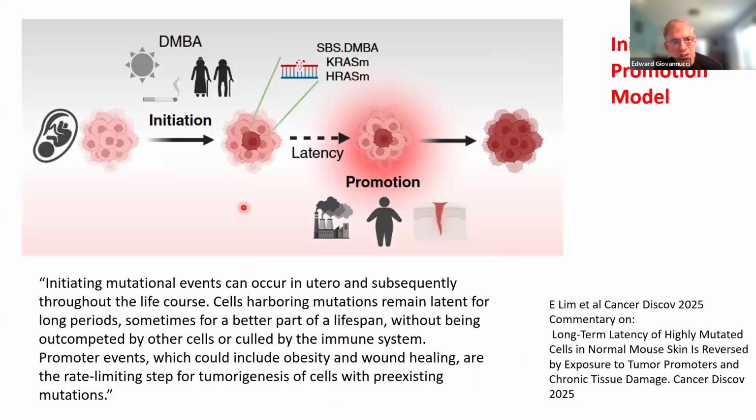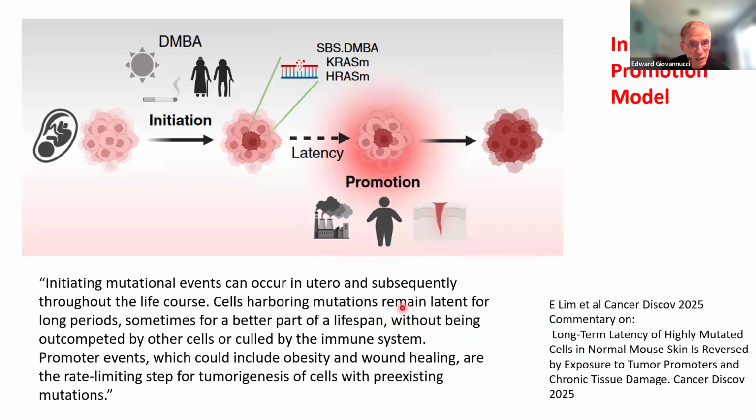Now, this slide is just a summary. This was actually a paper that just came out, which was kind of timely. From around 1950, there were studies that suggested this initiation, promotion, progression for cancer.